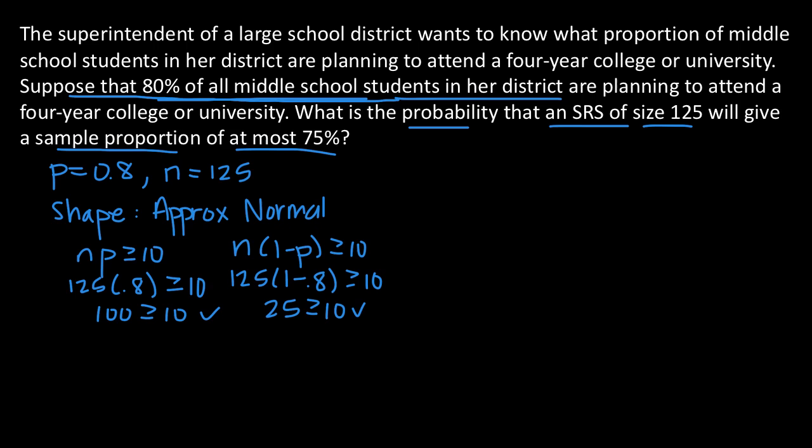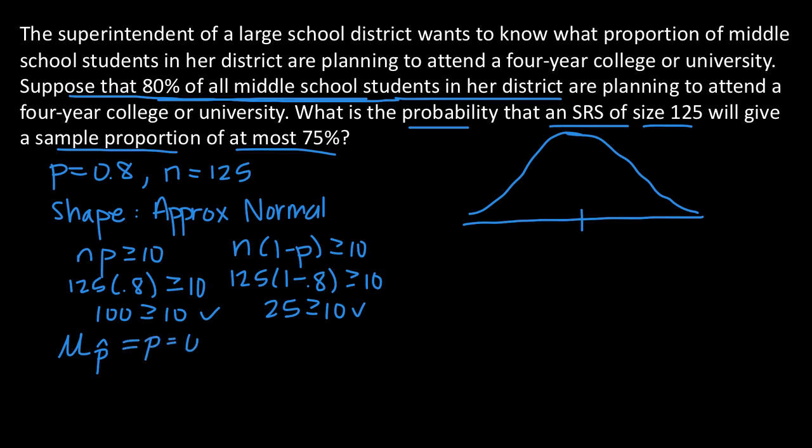What's the shape of the sampling distribution? And actually I'm going to go ahead and start drawing a normal curve because we're saying that the shape is approximately normal. So what's the center of the sampling distribution? The symbol for that is mu sub p hat. That means the mean of the sampling distribution of proportions. That's just p, 0.8.